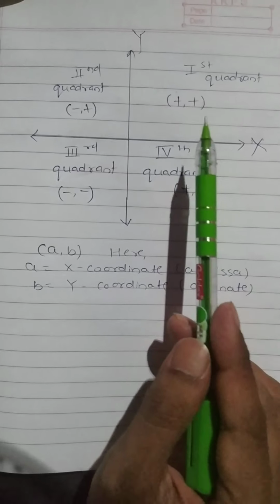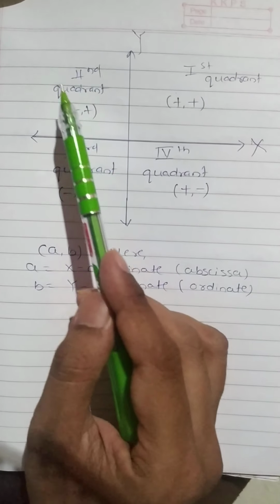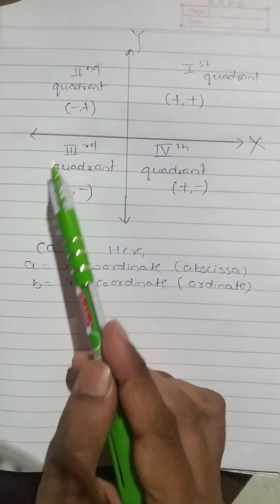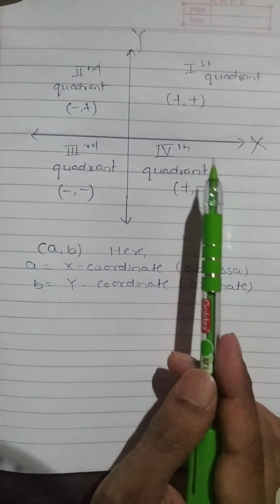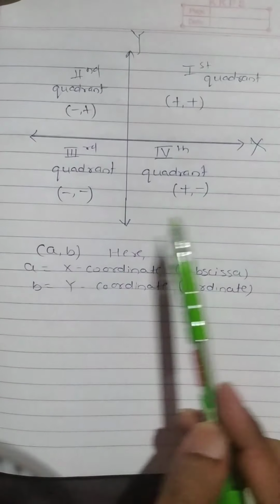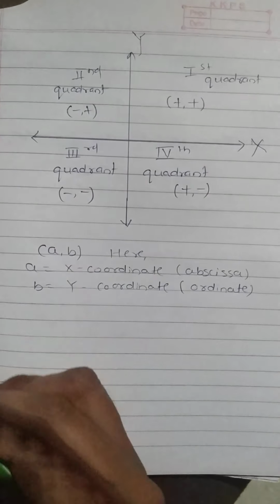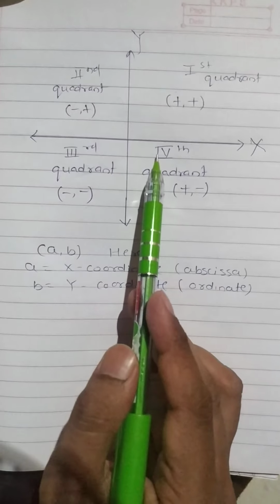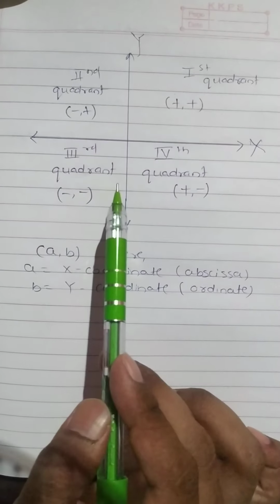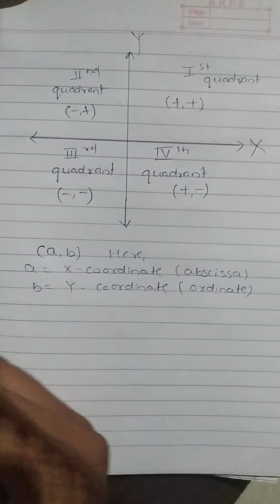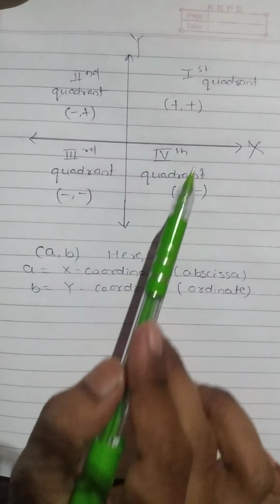The first part is known as the first quadrant, this part the second quadrant, this part the third quadrant, and this part the fourth quadrant. So we can divide this into 4 different quadrants. Every point that we take belongs to one of the quadrants. So the point which is given to you or which you are asked to find must belong to one of these quadrants.